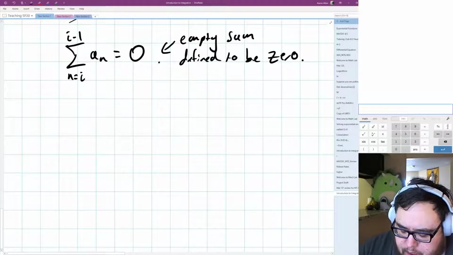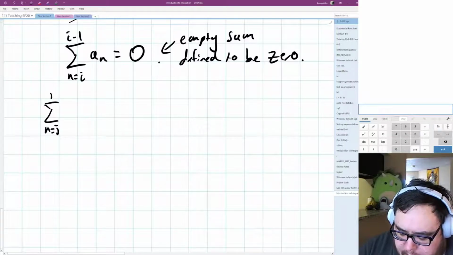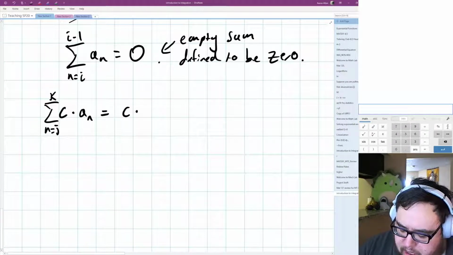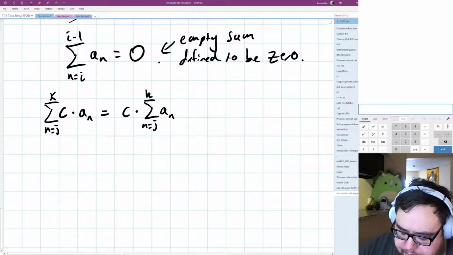For instance, if we have the sum from n equals j to k of c times a sub n, that's going to be c times the sum from n equals j to k of a sub n.